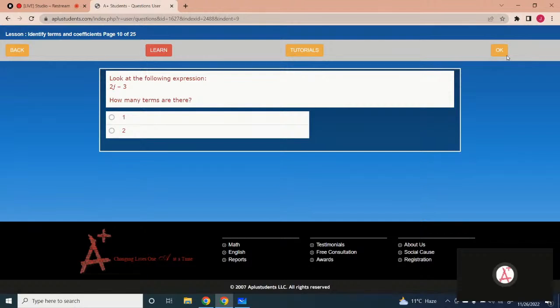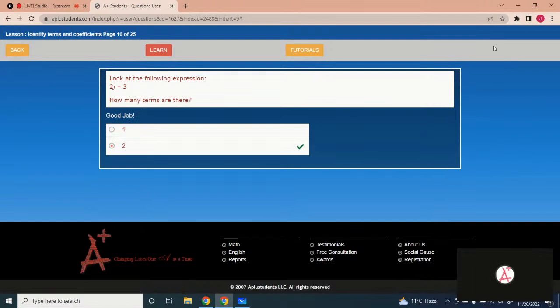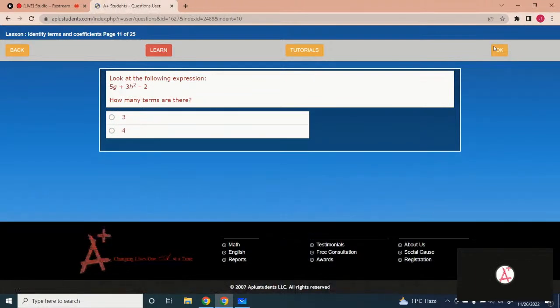Look at the following expression. How many terms are there? You have two terms here. Got it? So just select the correct option and click on the OK button. Okay, look at the following expression: 5g plus 3h square minus 2.